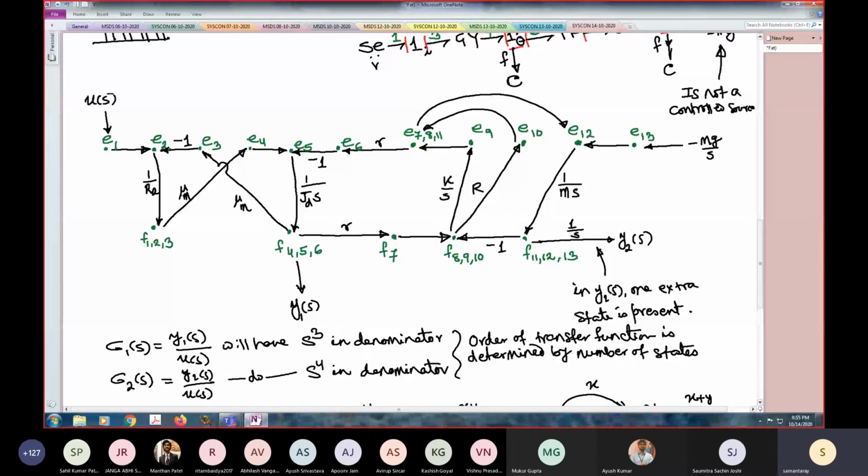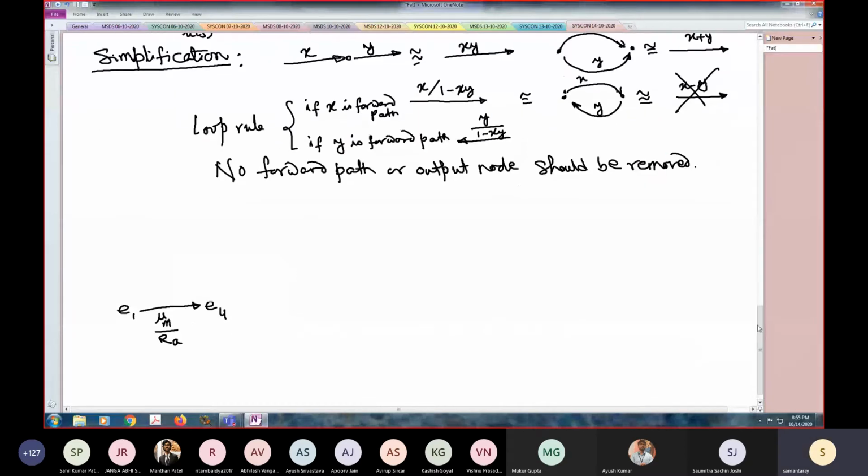So that intermediate E3 is useless. We can remove that. So F4 to E2 will connect by minus mu m. US will be directly connected to E2. So this is not E1, this is E2. US will be connected to E2 and F4.